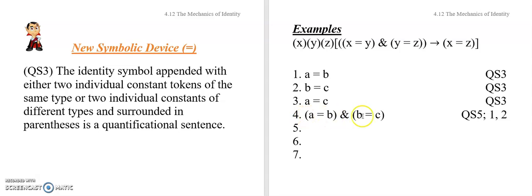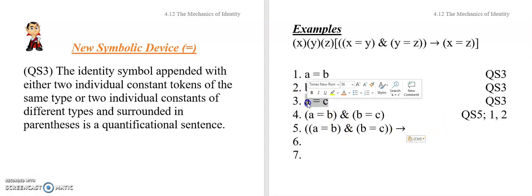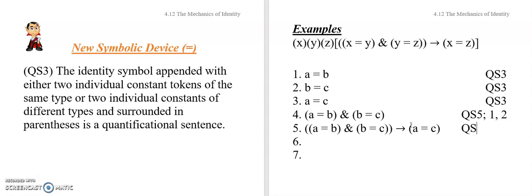So we're going to take this whole thing, put it in parentheses, use our arrow rule, which is QS7, to get the arrow, and we're going to arrow it with what we have here: A is identical with C. So that should be in parentheses like this, and that's going to be QS7 applied to lines 4 and 3.